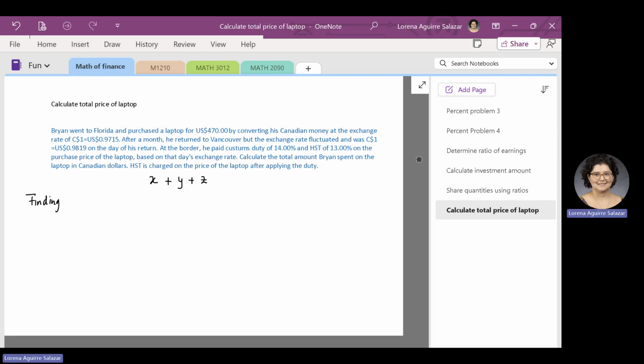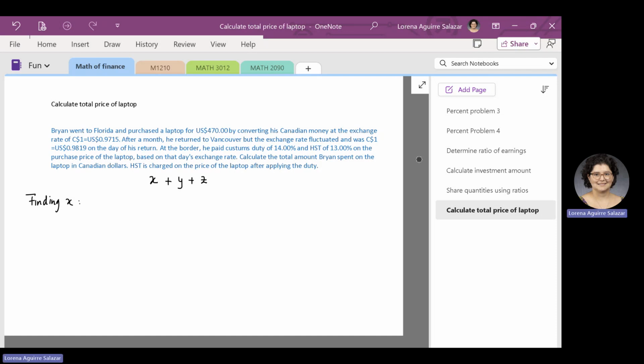let's talk about some ratios. So Brian used Canadian currency to obtain $470 when the exchange rate was $1 Canadian equals 0.9715 US.